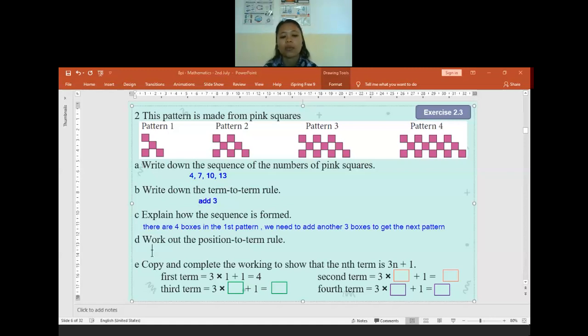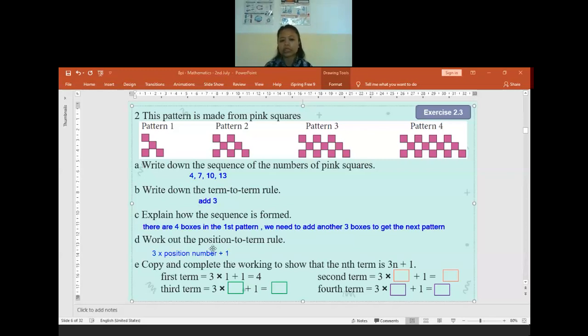So for question 2D, you still have to write it as 3 times position number and then we add 1. Do not only write it as 3n plus 1 or 3 times n plus 1, because the question is still asking for the position to term rule. So it's asking about the position number.